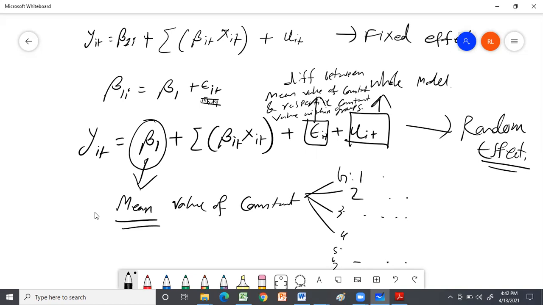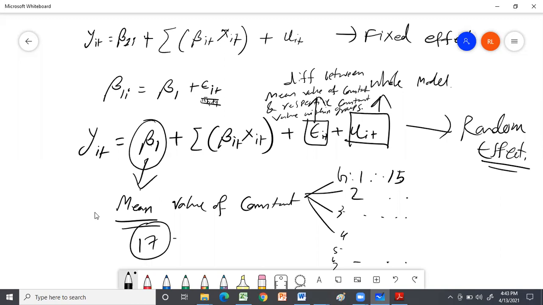So for group 1, group 2, group 3, 4, 5, 6, 7, you have 7 different constant values. And when you take the difference between these 7 constant values and their mean value, for example, group 1's constant value may have come out as 15, and here my beta 1 value, which is the mean value of the constant, is found to be 17. So the difference between 15 and 17, which is the error term, is followed by the notation epsilon of IT. Is that clear to everyone?